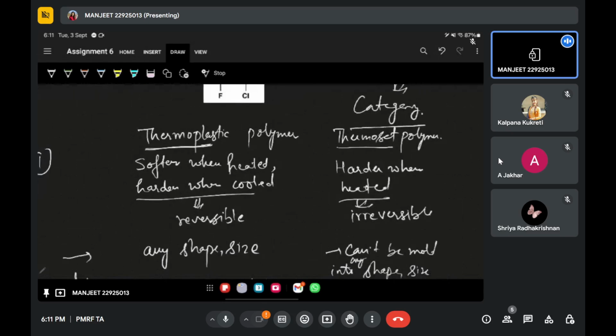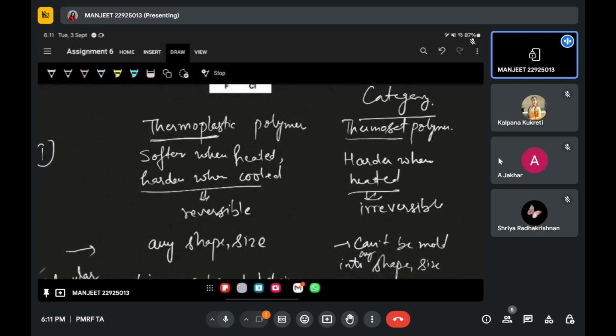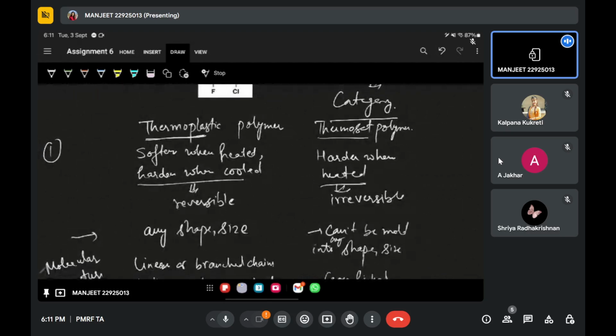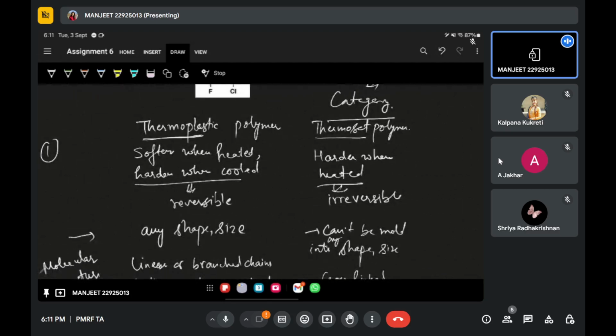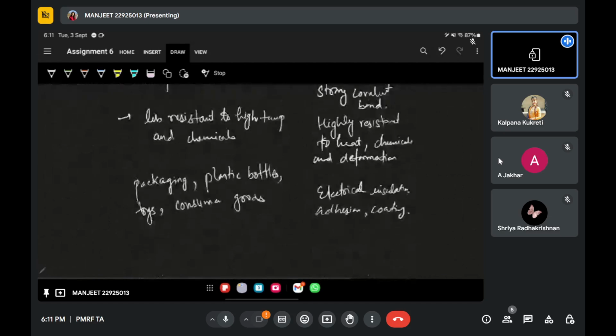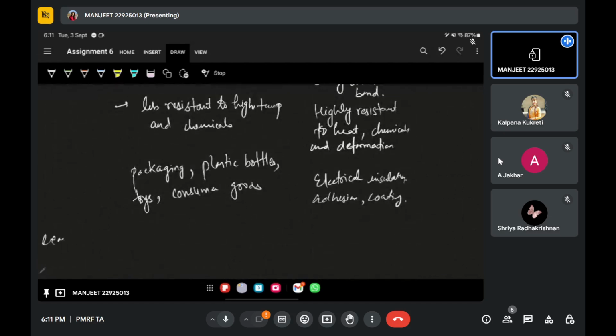So these are the two popular categories of polymer. Examples of thermoplastics are polyethylene, polypropylene, PVC (polyvinyl chloride), and PTFE also.